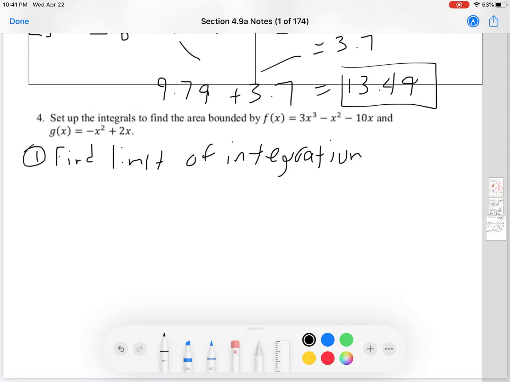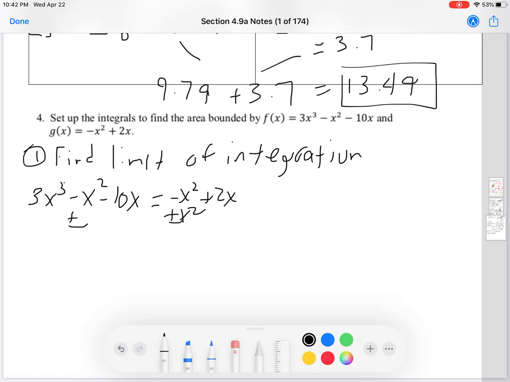So when we do that, we would get 3x cubed minus x squared minus 10x equals negative x squared plus 2x.